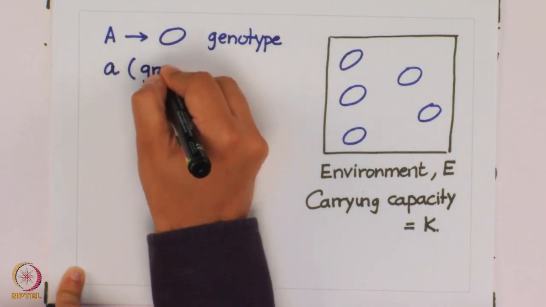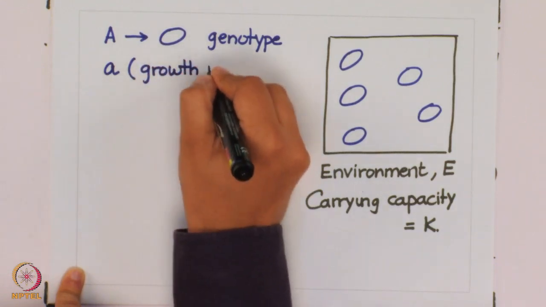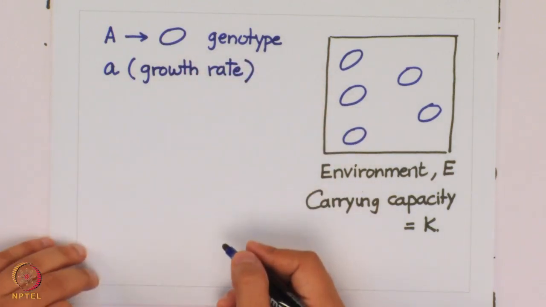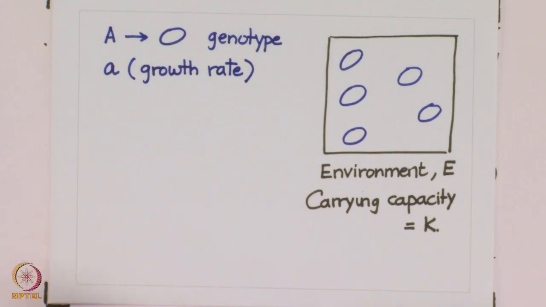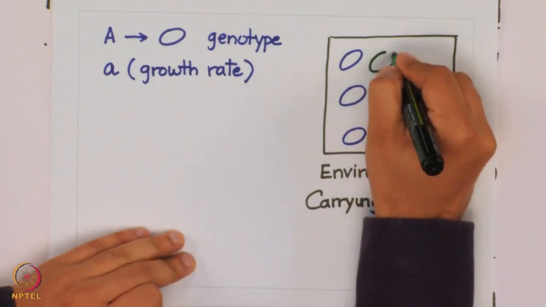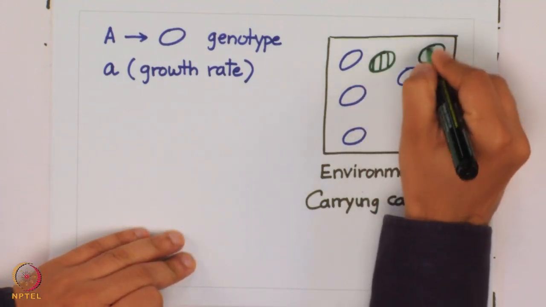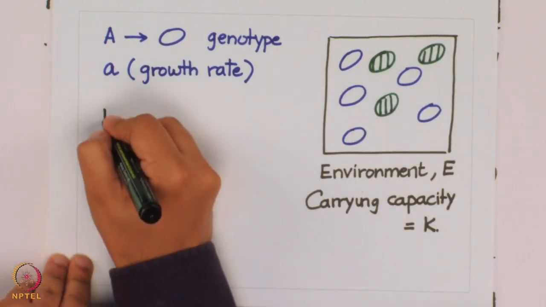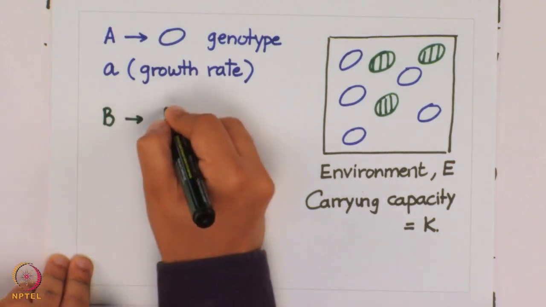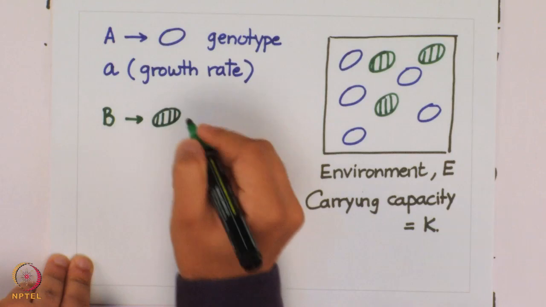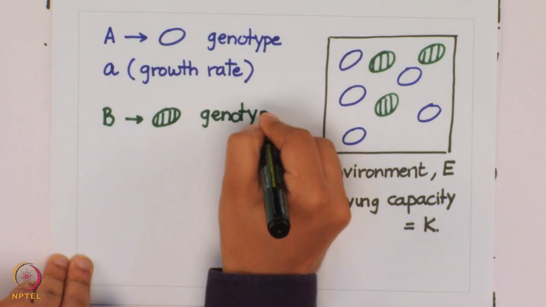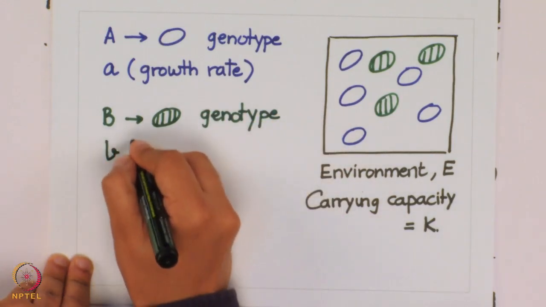So, a is the growth rate of this particular genotype, and this environment is co-inhabited by another genotype, genotype B, which are these green shaded circles. This is genotype B, and the growth rate associated with this particular genotype is b.